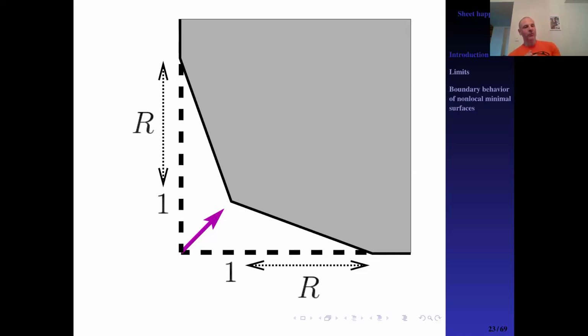So if I want to transform this picture into a real proof, I have to somehow average between, say, the best and the worst possibility. So I will not move the corner just in one direction because I don't know which one is the right one. So I will move in one direction and in the opposite one.